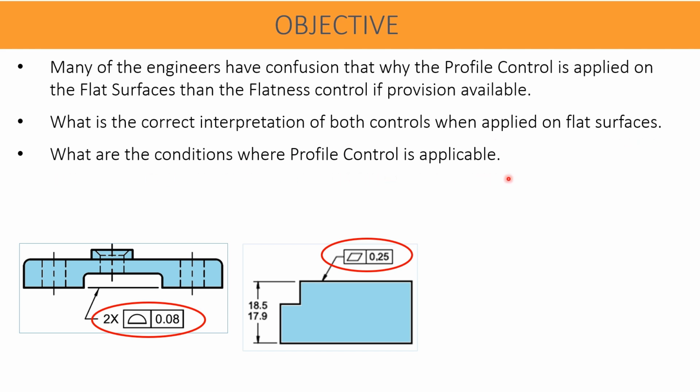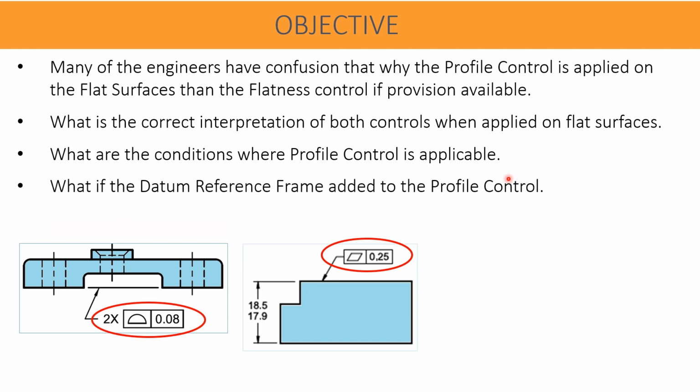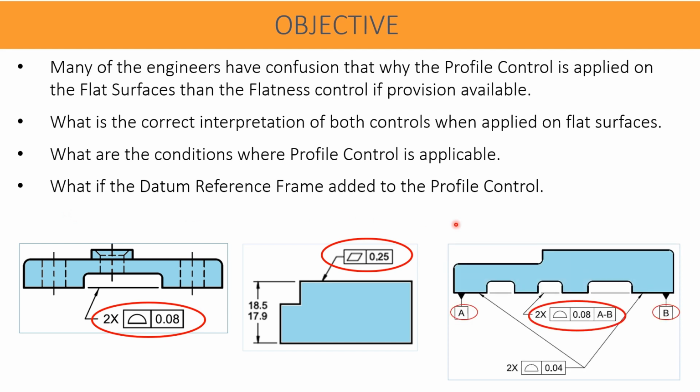We know that a datum is not required for form tolerances. Therefore, a datum is not applied to flatness control. Profile controls are with and without datums. But what is the meaning when a datum is applied to profile controls?